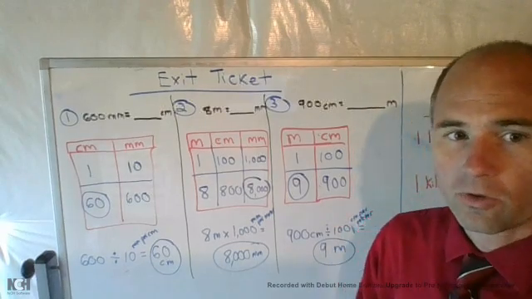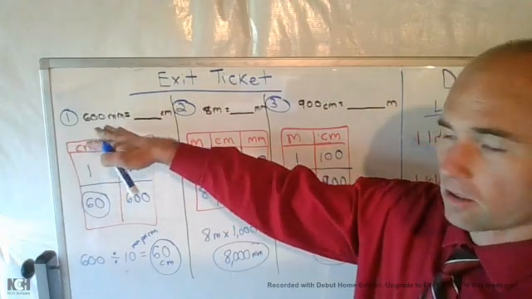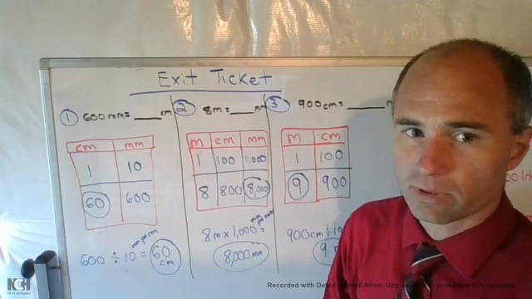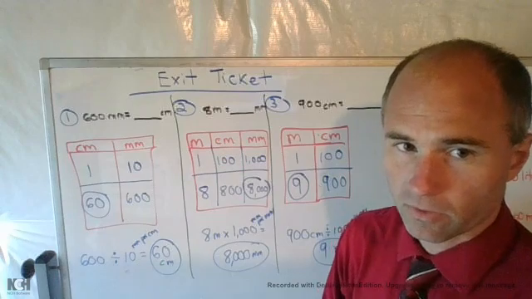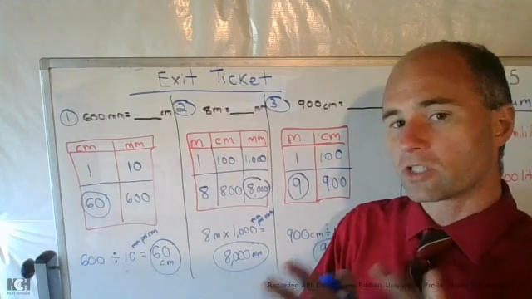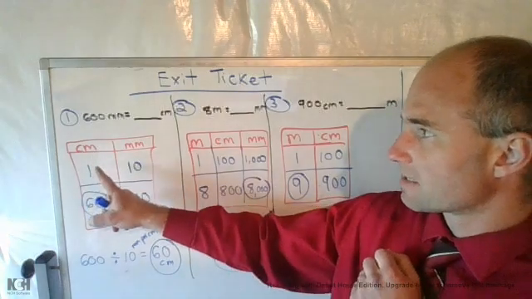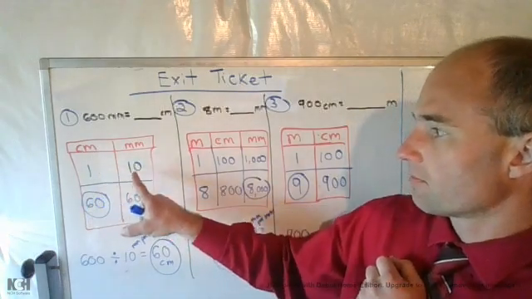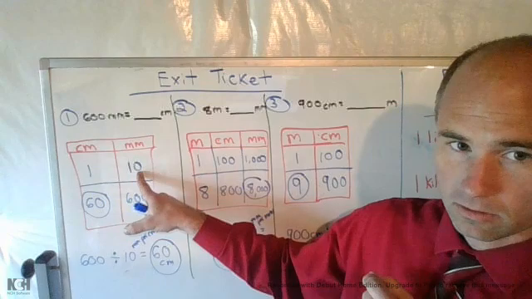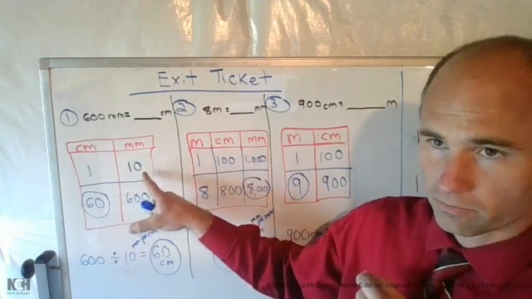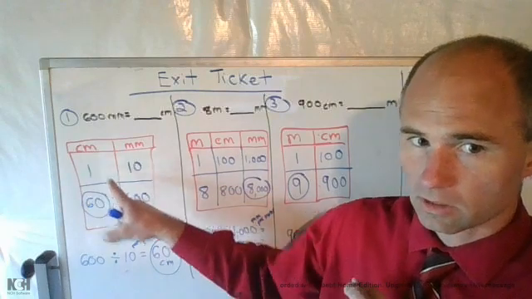Okay, so we have our first exit ticket question: 600 millimeters equals blank centimeters. We should know, according to our chart that we made yesterday, that 1 centimeter equals 10 millimeters. So if I have 10 millimeters, that makes 1 centimeter.